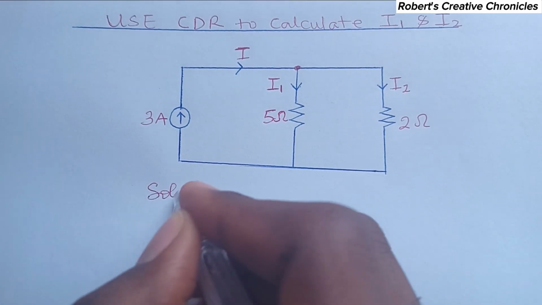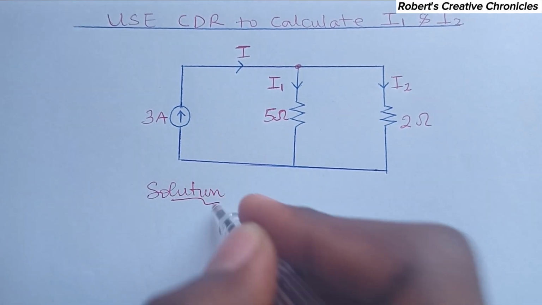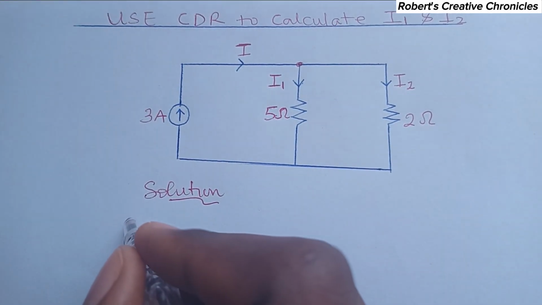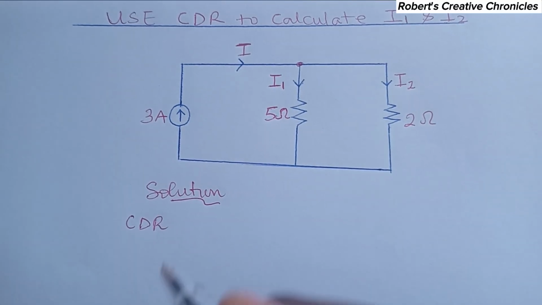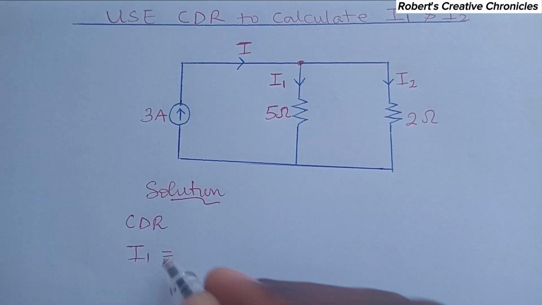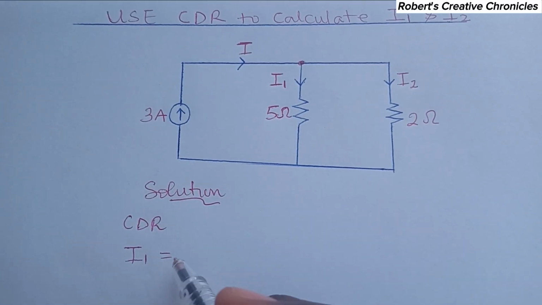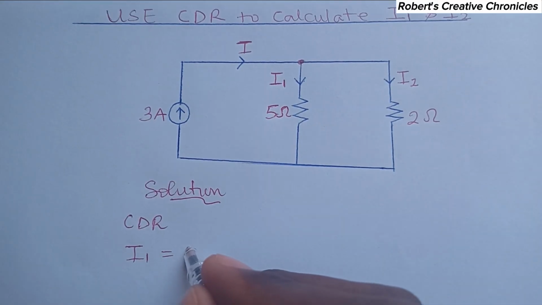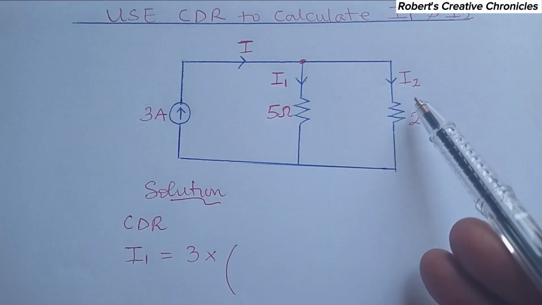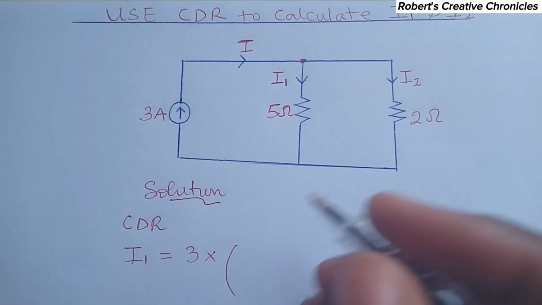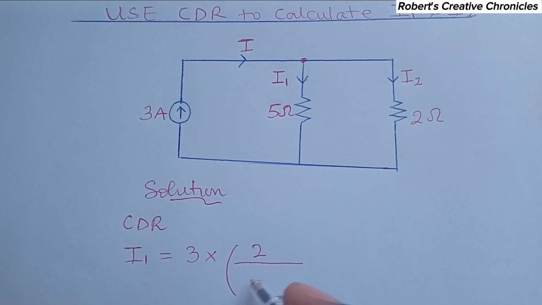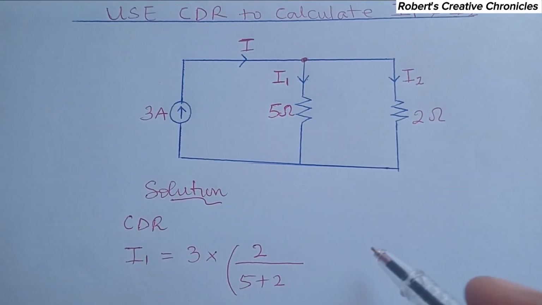So, solution. Using the current divider rule, to find I1, I1 will equal the total current multiplied by the resistance of the other resistor, which is 2, divided by the sum of the two resistors, which is 5 plus 2.